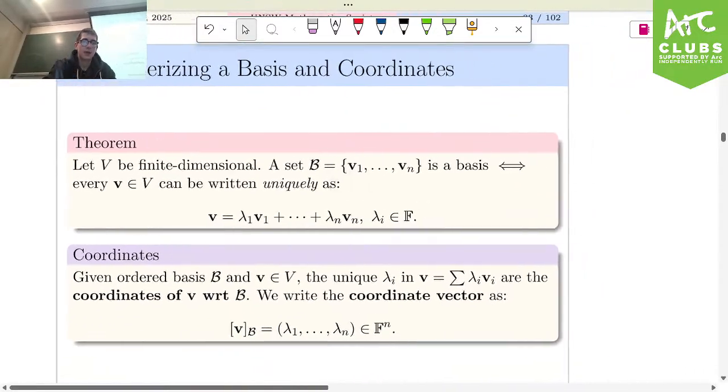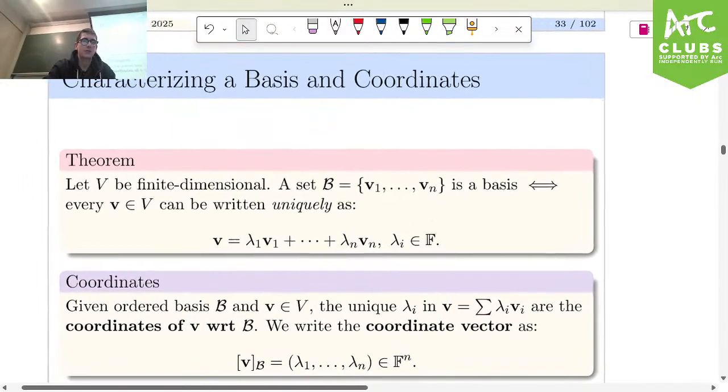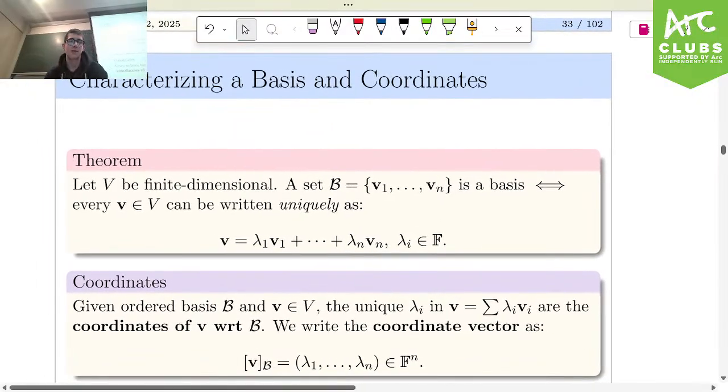Okay, so now we want to look at, in terms of this basis, what it means to represent vectors in terms of those bases. If we have a basis, then we can write any single vector uniquely as a linear combination of elements within that basis.